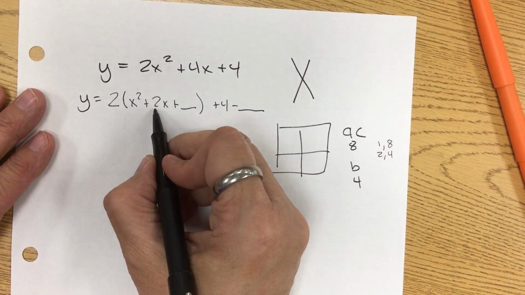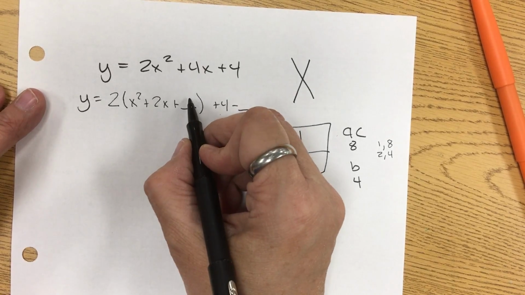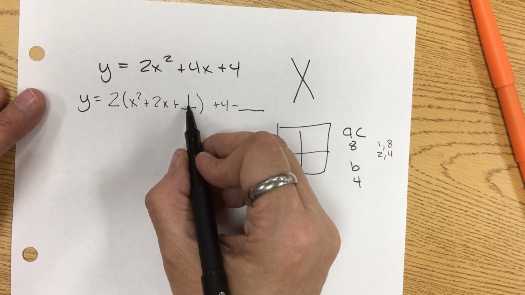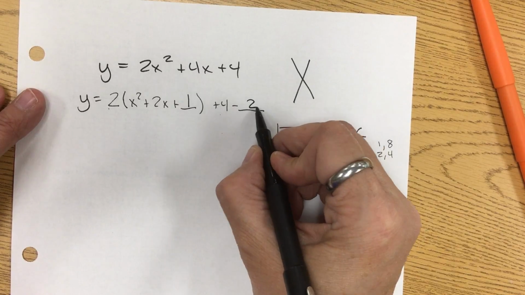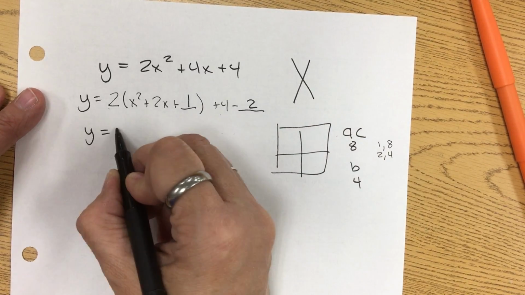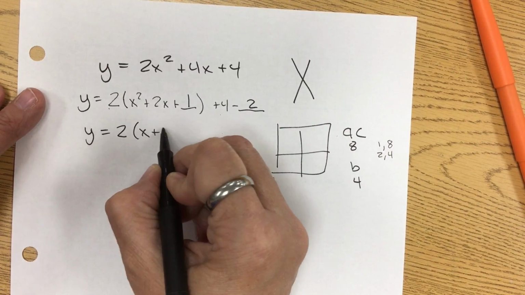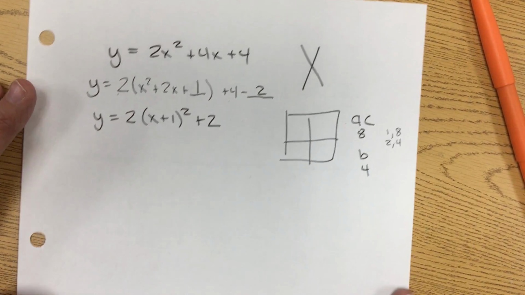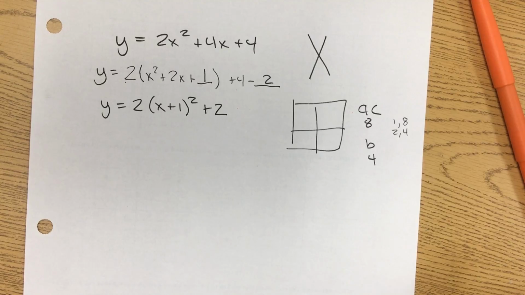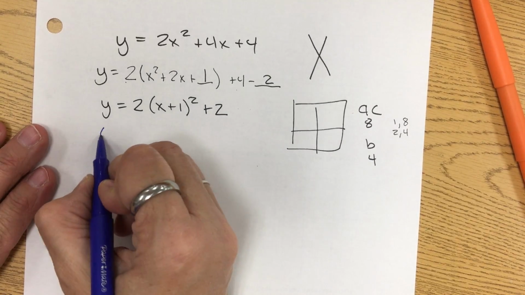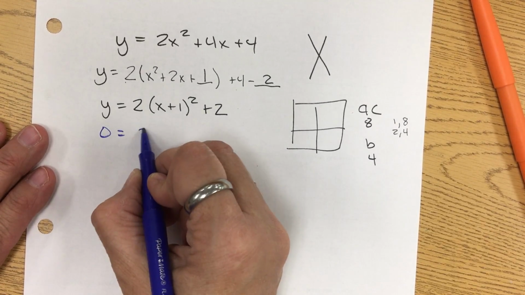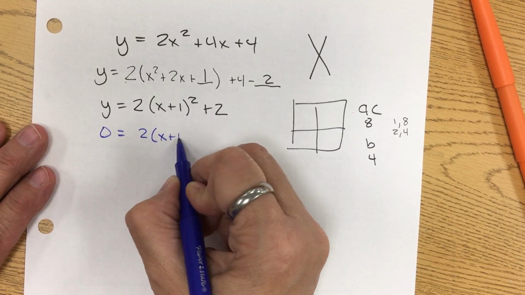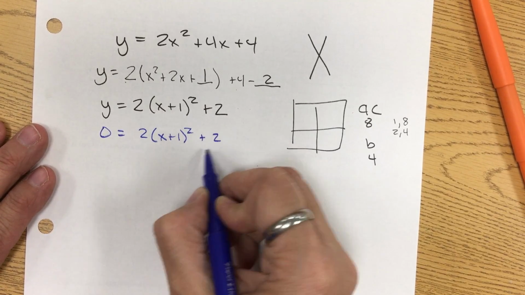So what is half of 2? 1. 1 squared is 1. I have a 2 there, so I get y equals 2 parentheses x plus 1 all squared plus 2. Then make this 0. 2 parentheses x plus 1 all squared plus 2.